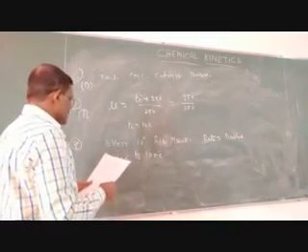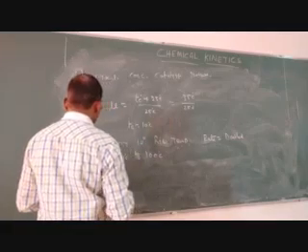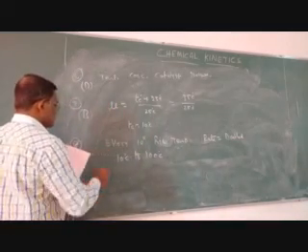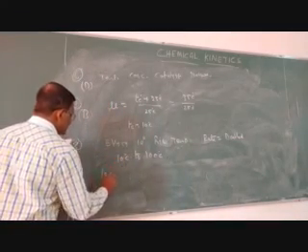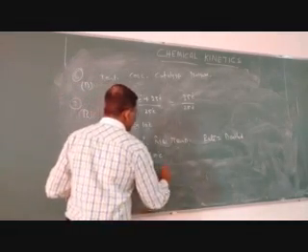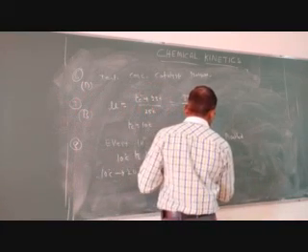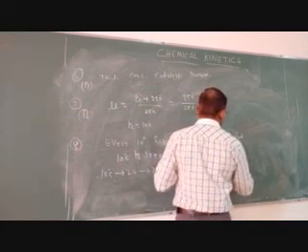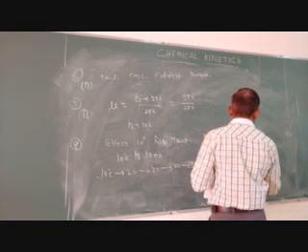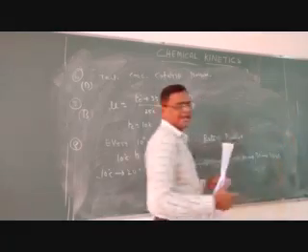So children, observe here. A 10 degrees centigrade step is there: 10 to 20, 20 to 30, 30 to 40, 40 to 50, 50 to 60, 60 to 70, 70 to 80, 80 to 90, 90 to 100 degrees centigrade.